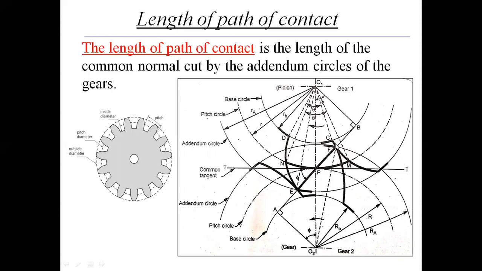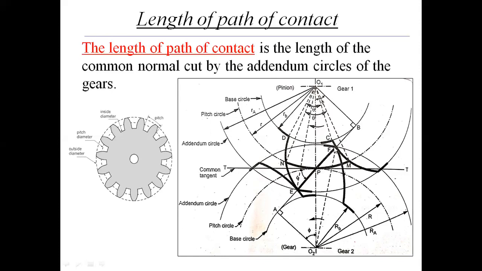So after some time, the profile of pinion CM will take new position DN, and the profile FM of the gear will take a new position, as I am showing by arrow.